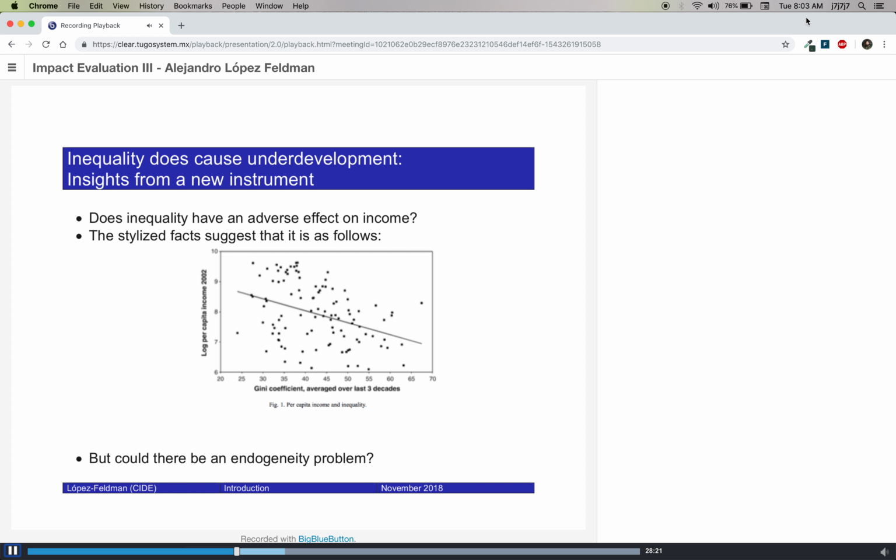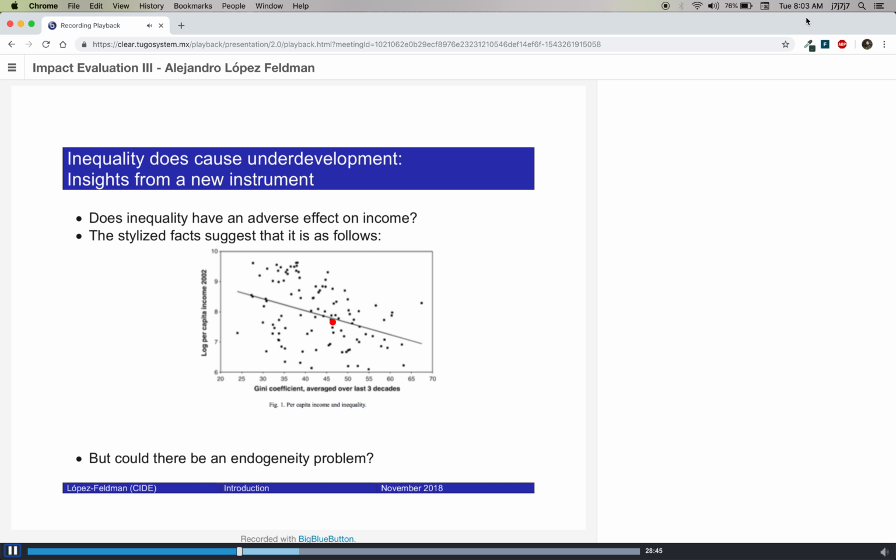If I have a simple regression, I cannot interpret this coefficient or this negative slope. This is a statistical relationship. If I draw this line, it seems that they are going in different directions. When Gini increases, income decreases, and this is not the same as causality.